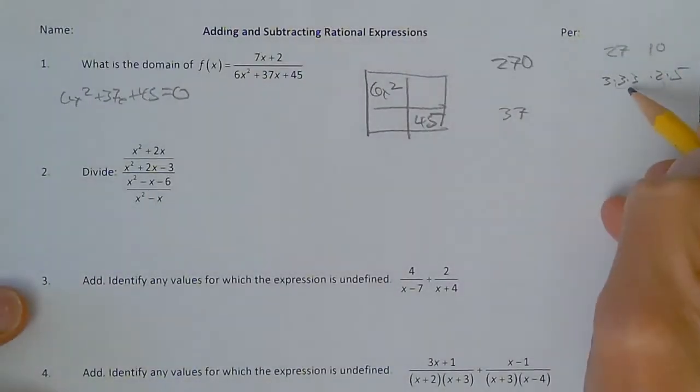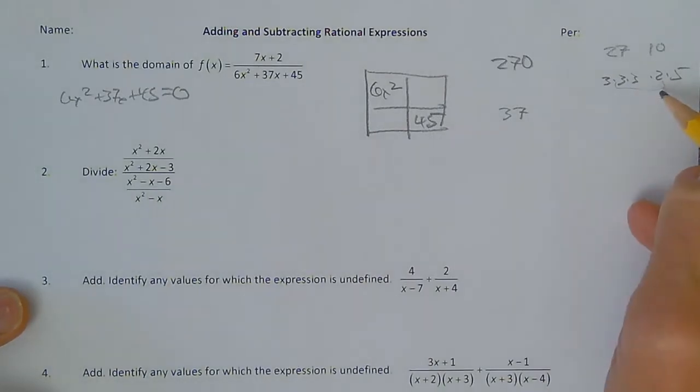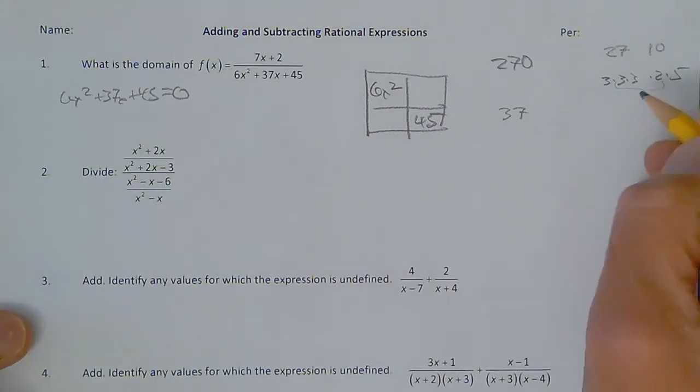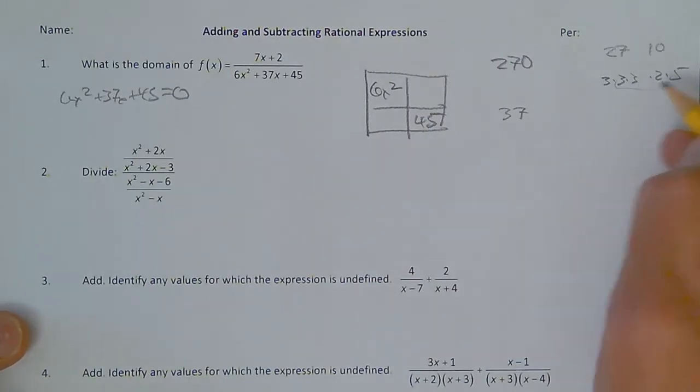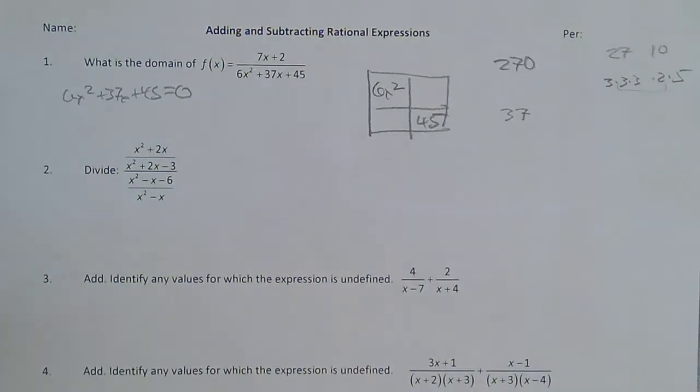All right, so 9, that makes an 18 and 15. We know that these are both going to be positive, but 18 plus 15 is not 37. 27 and 10 right there would do it, since I'm adding.